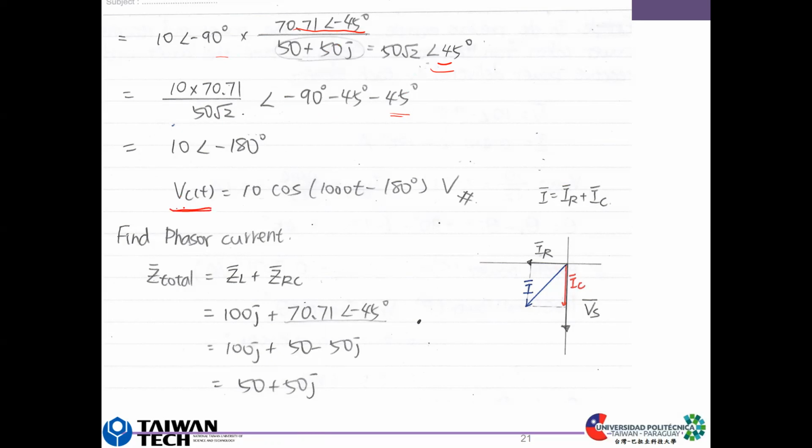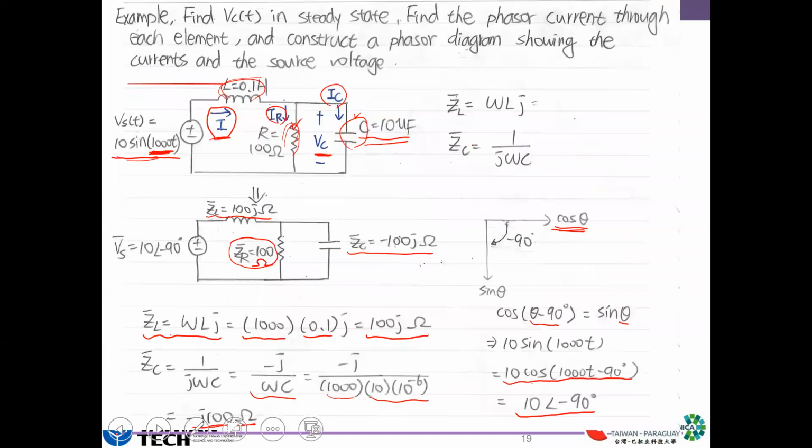So we calculate the phasor representation of VCT, and then we could write down its corresponding time response, which is 10 times cosine 1000t minus 180 degree. So this is done by the voltage division rule.